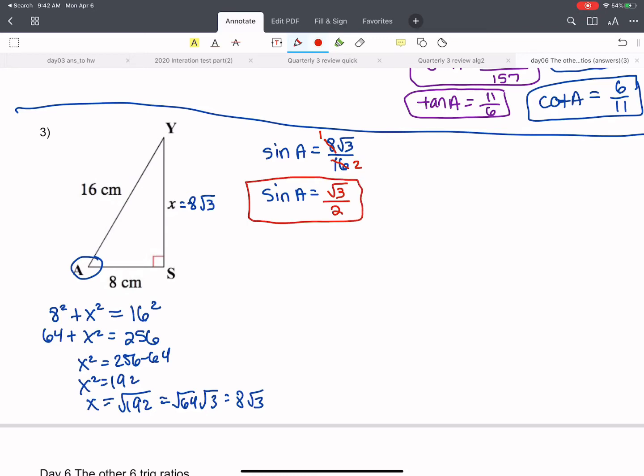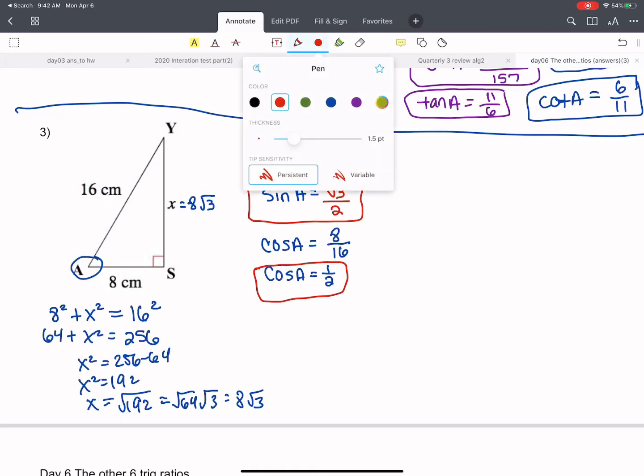Now let's figure out what the cosine of A is going to be. Cosine of A, adjacent over hypotenuse. So that would be adjacent, 8 over 16. So cosine of A is 1 over 2 when you reduce it. Okay?